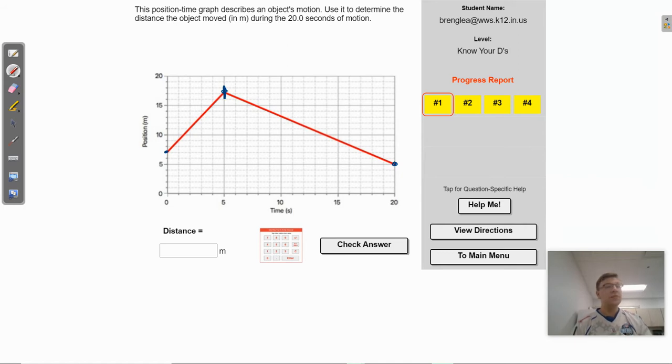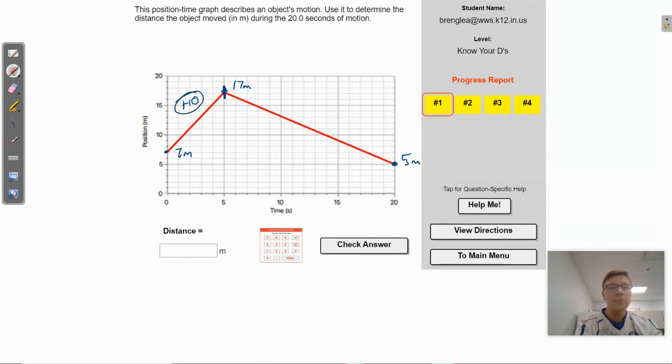Now, that would be different for displacement because we would just be interested in the final position minus the initial. So anyway, this object starts at 7 meters, and then after 5 seconds, it ends up at 17 meters, and then it moves back to 5 meters right here. So during this is positive 10.